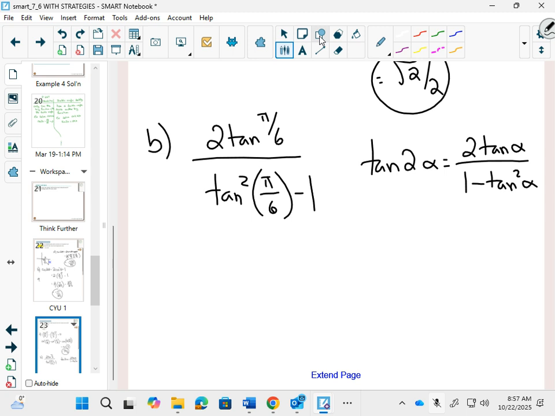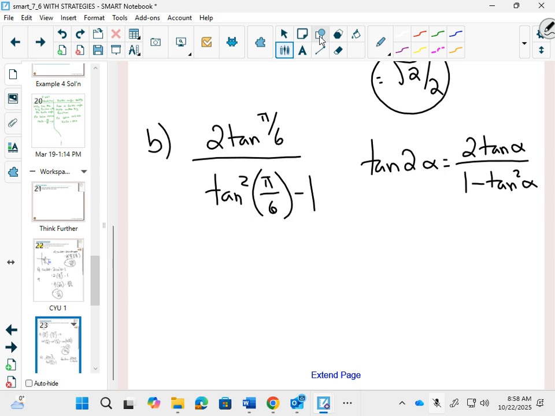I know you could plug in pi over 3 and do the fraction work and get the answer, and I would probably recommend doing that. But I'm going to show you how you could use the formula in this one, and it might actually be easier with the formula.